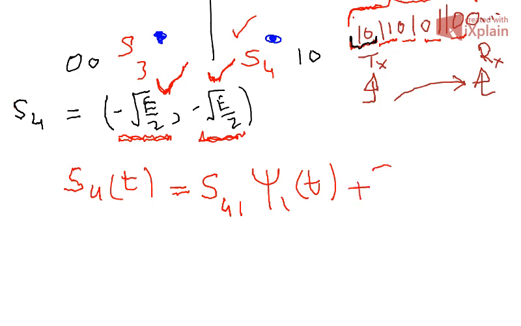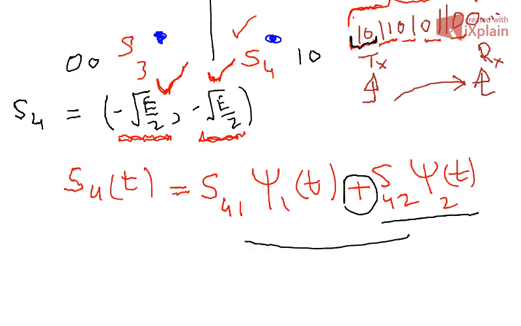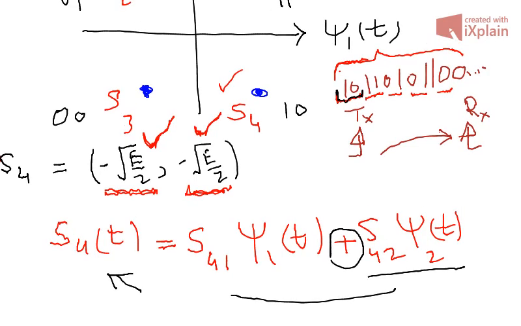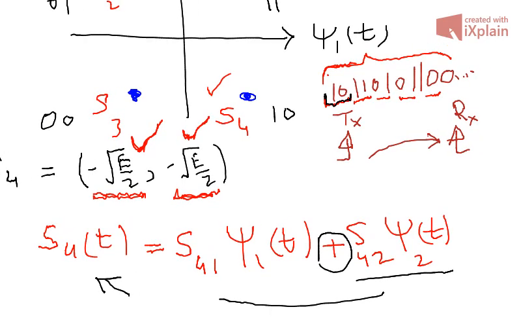Similarly, S4 2 psi 2 of t is the scaling of the sinusoid. And then there is an addition in between, so we have to add these two. This makes the symbol a QPSK modulated signal, and this signal would be transmitted over the channel from source to destination.